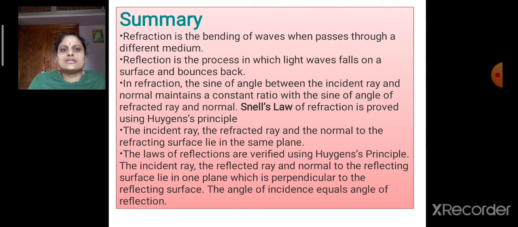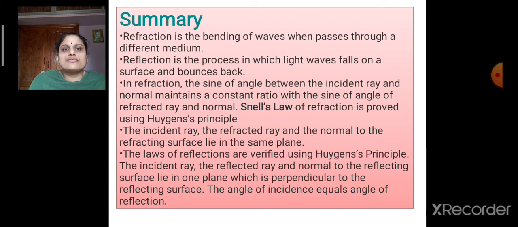In refraction, the sine of the angle between the incident ray and normal maintains a constant ratio with the sine of the angle between the refracted ray and normal. That is, Snell's law of refraction is proved using Huygens principle. The incident ray, refracted ray, and the normal to the refracting surface lie in the same plane.